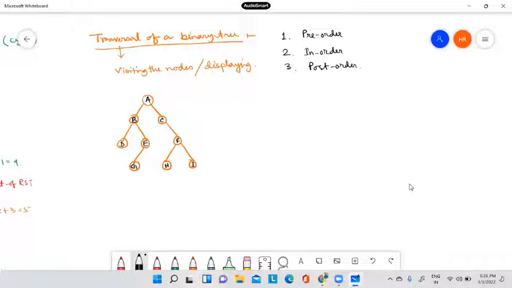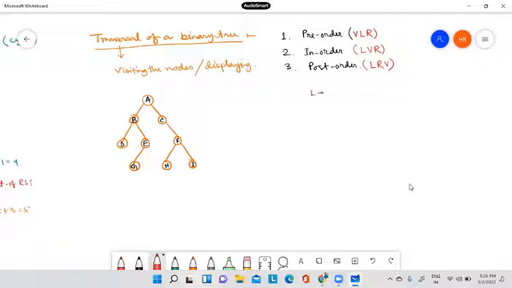Clear? Now pre-order means the sequence is like this: first visit, then go for left subtree, and then go for right subtree. In case of in order, the sequence is first go for left subtree, then visit, then right subtree. In post order, the sequence is first left subtree, then right subtree, and then visit.